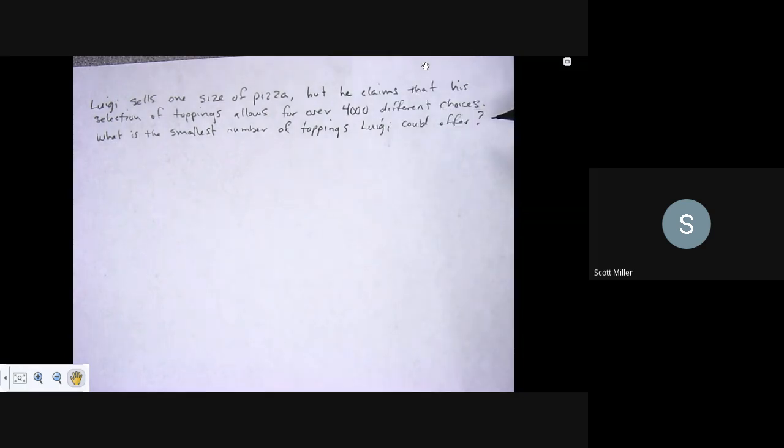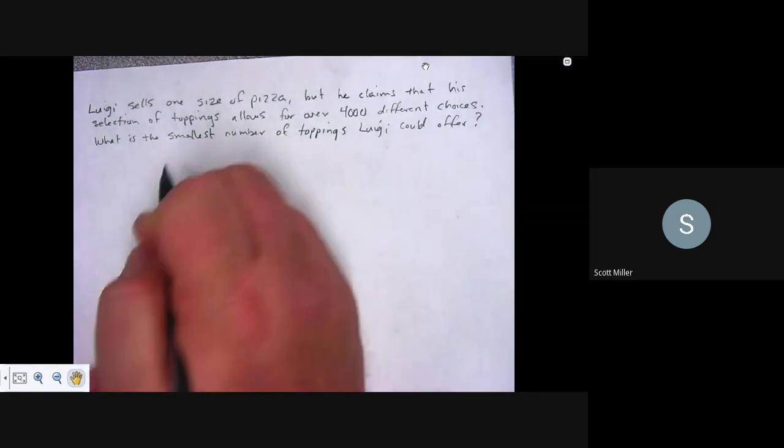Okay? So what they're saying here is, how many different ways can I do this? Well, I can have a pizza with no toppings on it. I can have a pizza with all the toppings on it, and any subset of toppings all the way through. I can have a 1-topping pizza. I can have a 2-topping pizza, a 3-topping pizza, or however many toppings I have. So that's where this 2 to the n subsets come in.